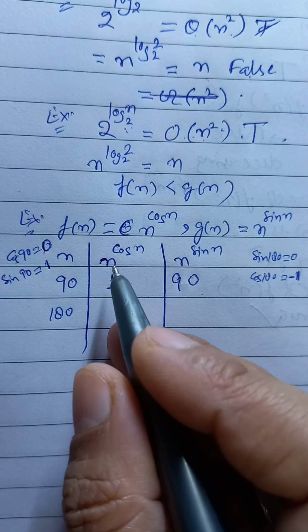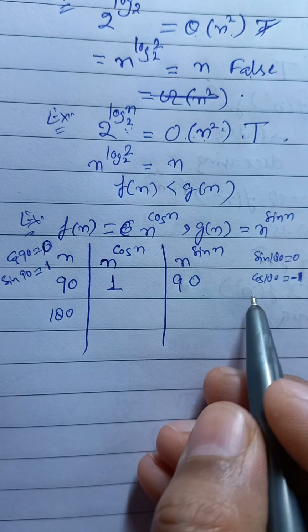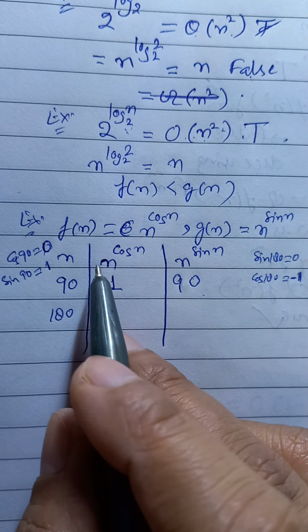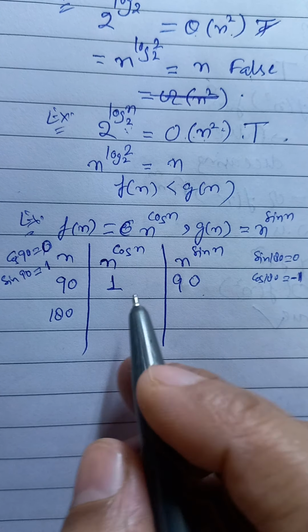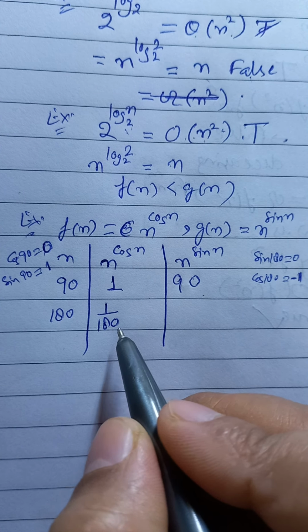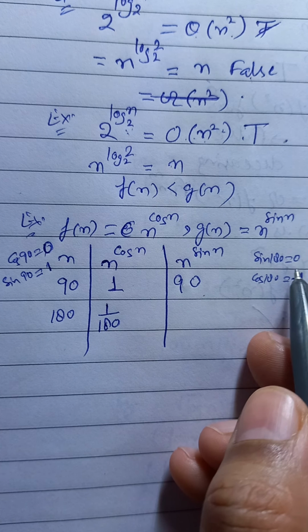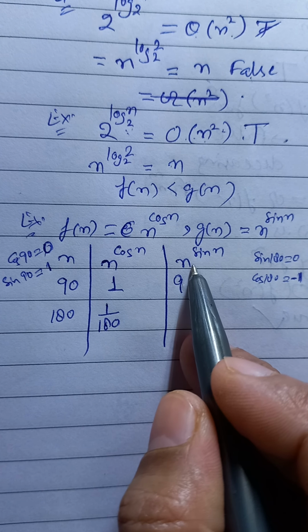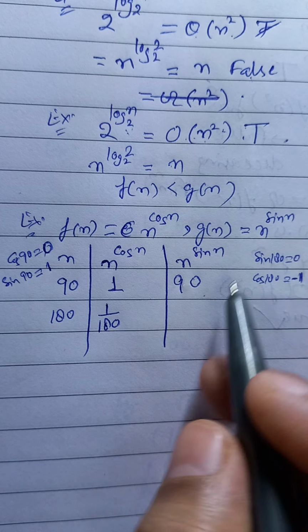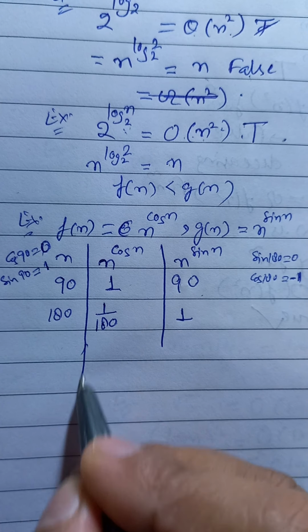This will be 180 to the power minus 1, because cos 180 value is minus 1 and n is 180. So how can we write it? 1 upon 180. And in the other, sin 180 value is 0 and n is 180. Anything having power 0, what will the value be? The value will be 1. So now move to the next.